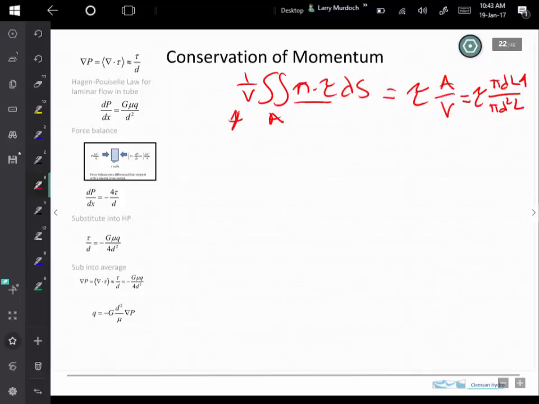Then this complicated-looking integral ends up being the shear stress times, since the L's cancel, 4 over D. Okay? So what we get from this is that we started off with this.